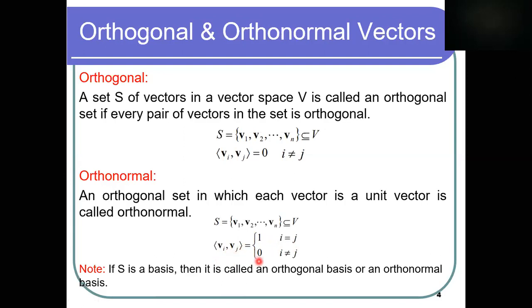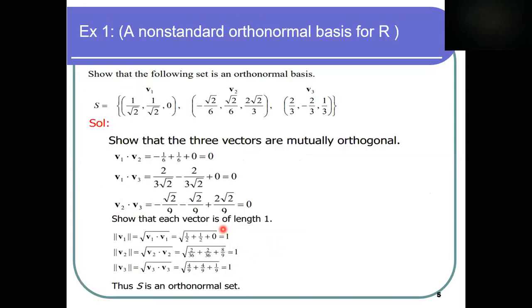In that case, the vectors in set S are orthogonal. If we take the dot product with other vectors in S, it is zero, but with itself, the length of the vector is one. In that case, the set S is an orthonormal set.